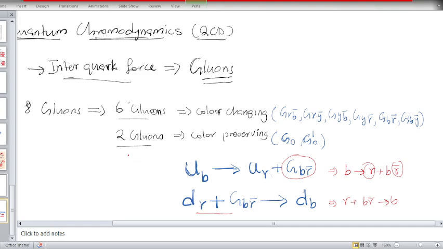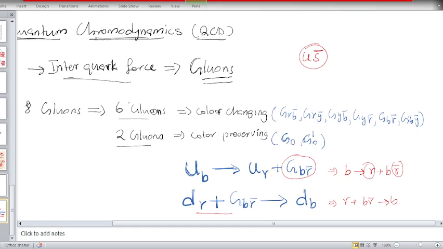Okay, so that's about the color or quantum chromodynamics and color quarks. Also, these quarks are confined. You cannot separate the quarks, or you cannot get a single quark. So, for example, if you consider the mesons, there will be a quark anti-quark pair. For example, if you have an up quark and an anti-strange quark, if you want to separate this, that is impossible.